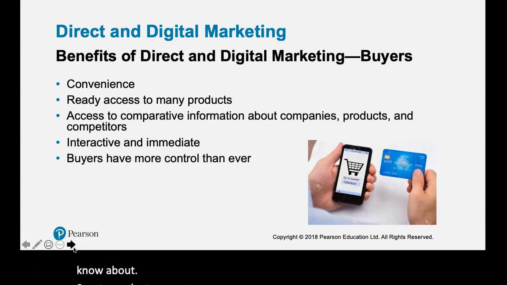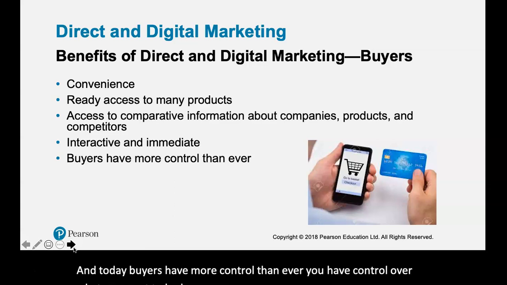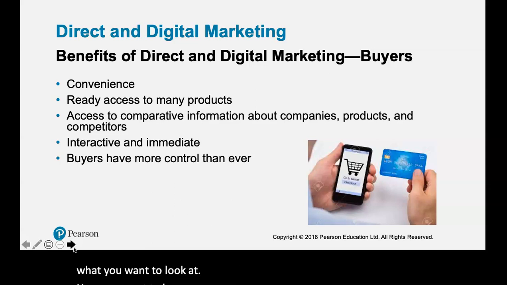You can compare information about companies, products, and competitors. It's very interactive, and again, it's immediate. It just happens instantaneously. And today, buyers have more control than ever. You have control over what you want to look at, how you want to buy it, the price that you want.